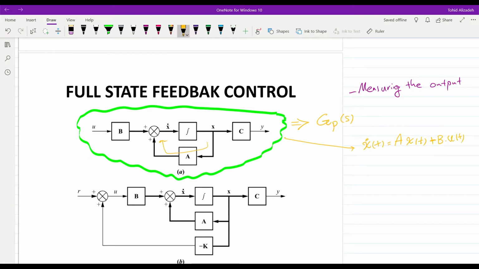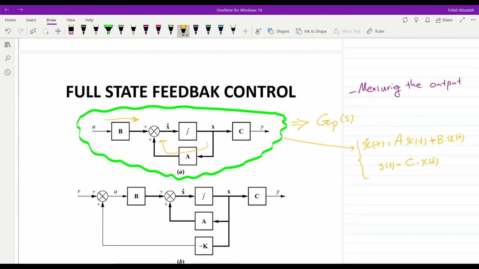And for y, the output, we have C times x plus D times u, where D is equal to 0 in this case. So what you see here, inside the plant itself, is the state space representation of the system.